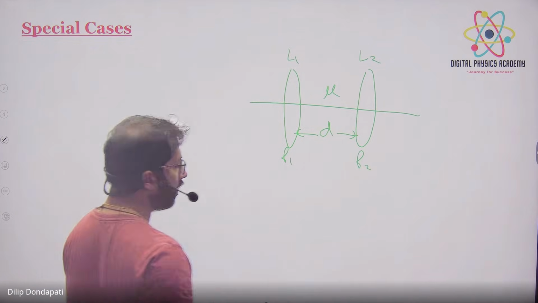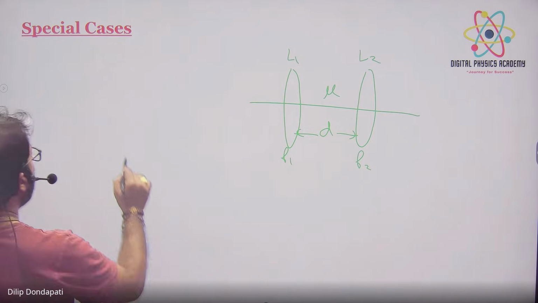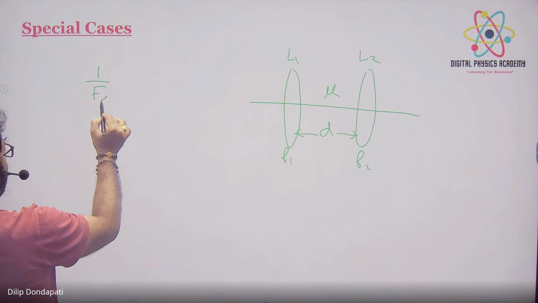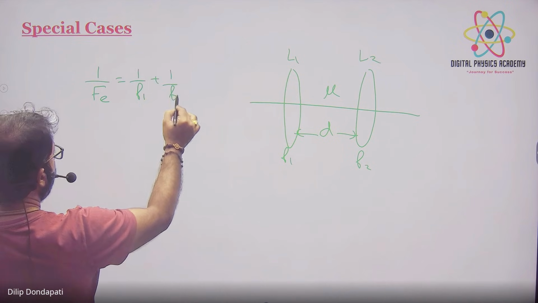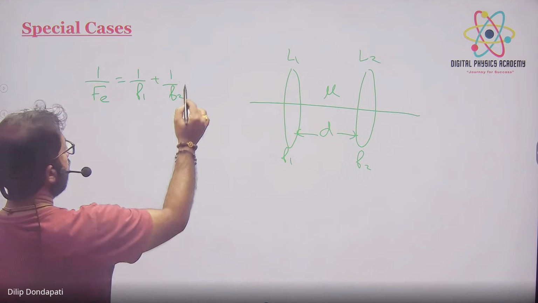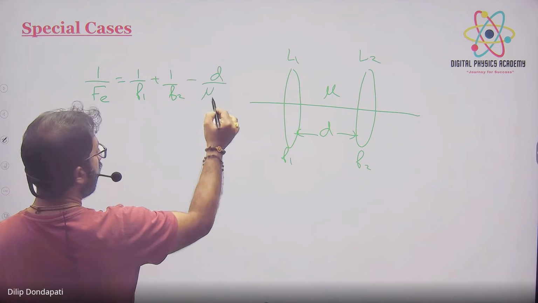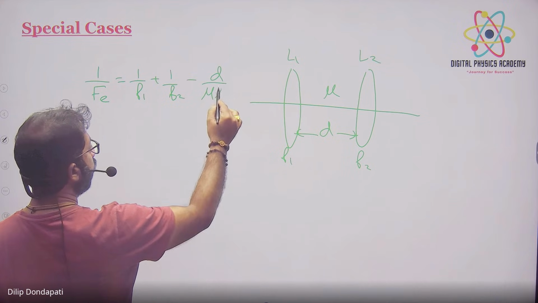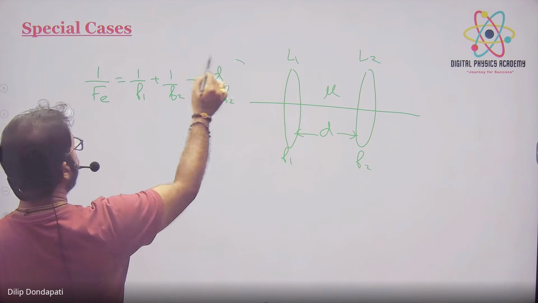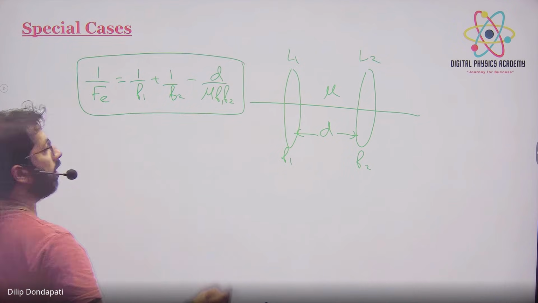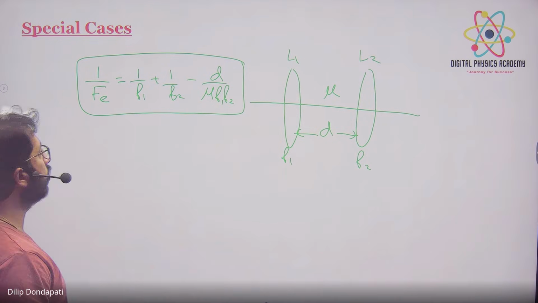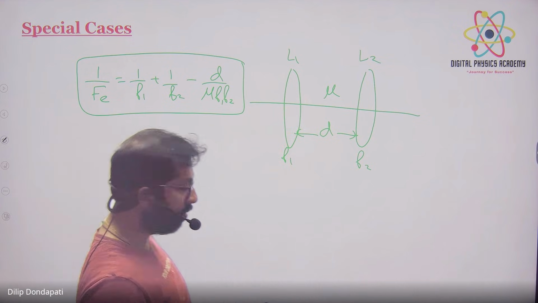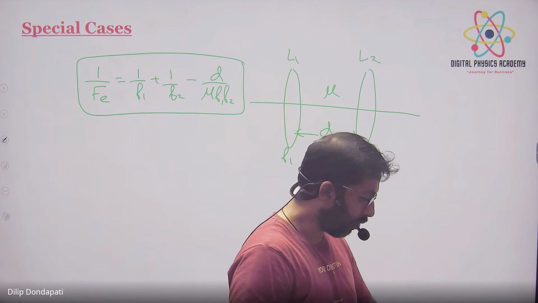I want to calculate the total f equivalent. 1 by f equivalent is equal to 1 by f1 plus 1 by f2 minus d by mu times f1 f2. This is the formula we have to use, when two thin lenses are separated by distance d and refractive index mu.